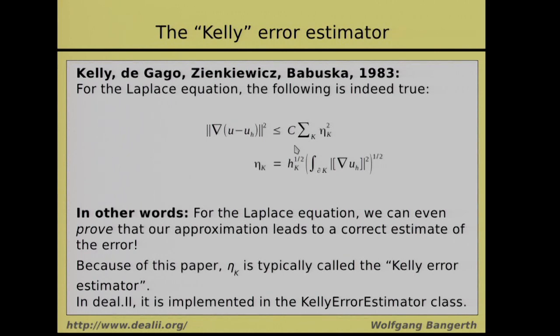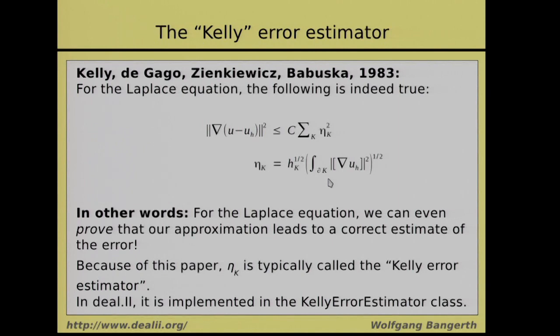And I should mention that, because of this property that it is provable for the Laplace equation, and because it's so easy to implement, almost all finite element codes that allow for adaptive meshes implement this sort of quantity here to refine the mesh.